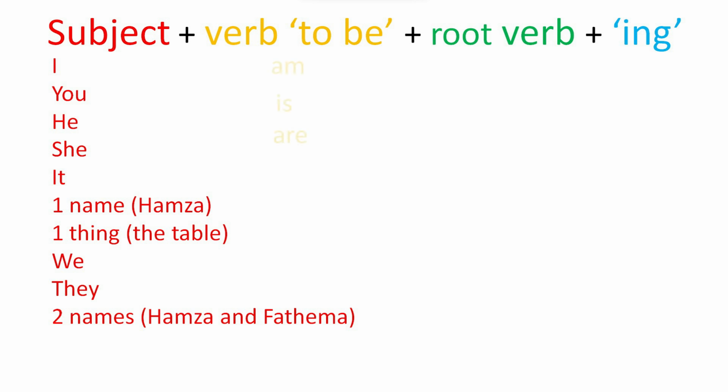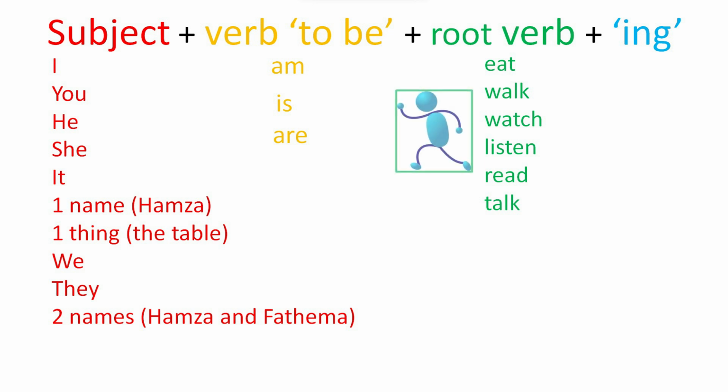Then we need the verb to be, which is either am, is, or are, depending on our subject. Then we need a root verb. For example, eat, walk, watch, listen, read, and talk.